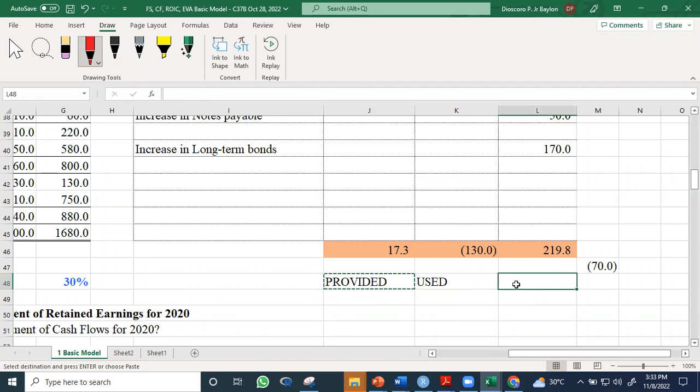Control C, Control D. Ito yung language na gagamitin sa cash flow. Provided or used, dalawa lang naman, either provided or used.